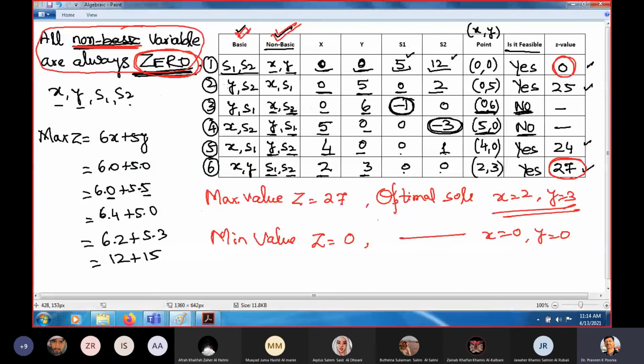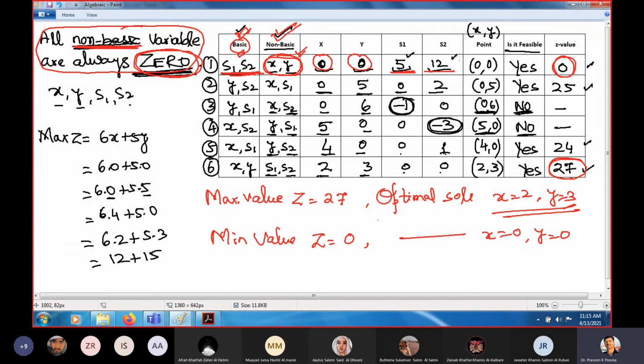How many constraints are here in this question? 2 constraints. If 2 constraints are there, 2 non-basic variables are there, and 2 basic variables. S1 and S2 are the basic variables. Whatever slack and surplus variables you add are called basic variables. So dear friends, non-basic variables are always 0 and basic variables are always non-zero.